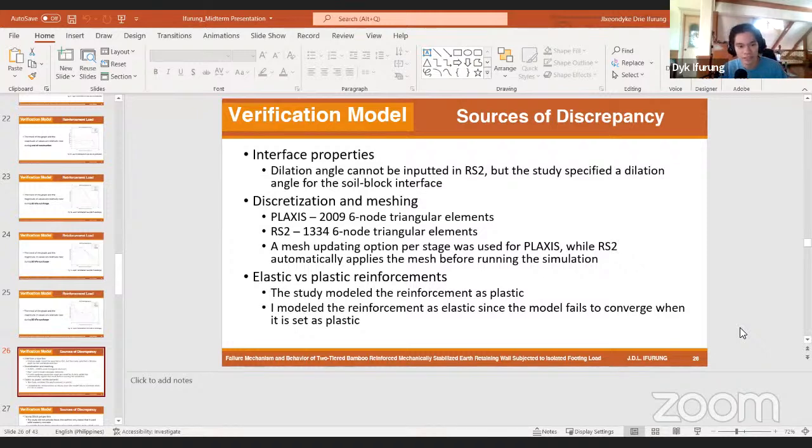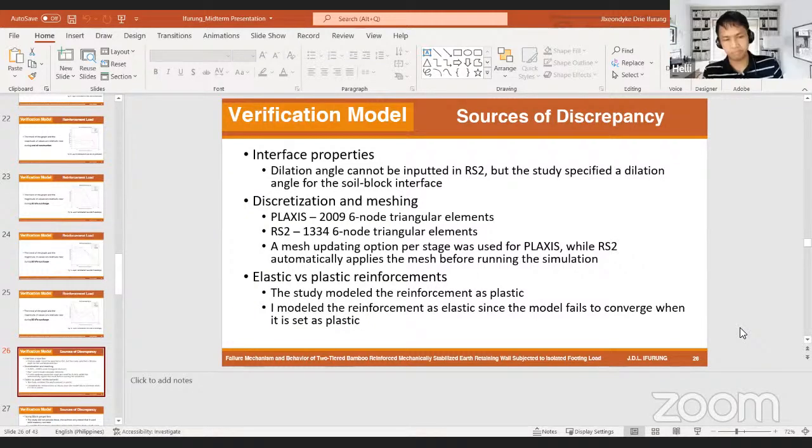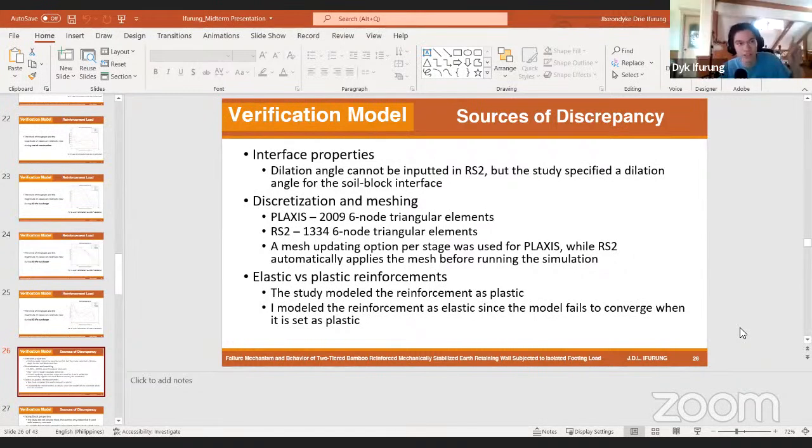I noticed there was a slight change in the facing displacement, but it was very negligible. It was like 0.0001 to 0.003 meters. So there wasn't really a big change in the results, sir, even for the actual load in the reinforcements.